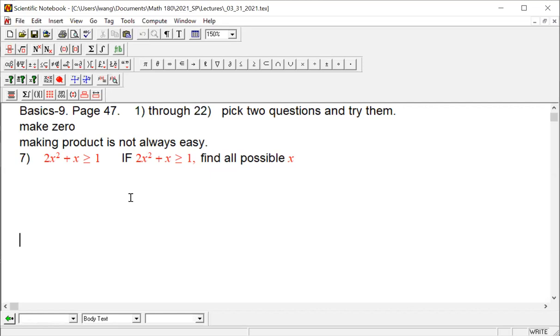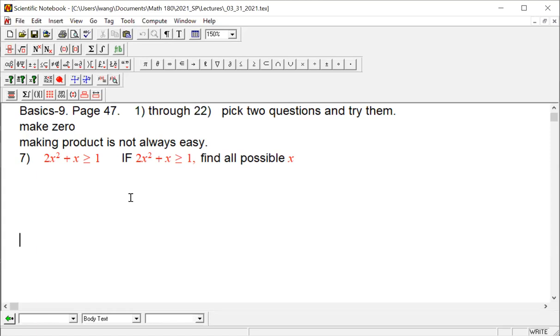At the time, I was thinking, why do they make it 0? Why do they always move everything to one side and make it 0? In my previous experience, no professor ever mentioned that. Well, I should have studied, but I didn't study, and I didn't see that connection. Now I do.